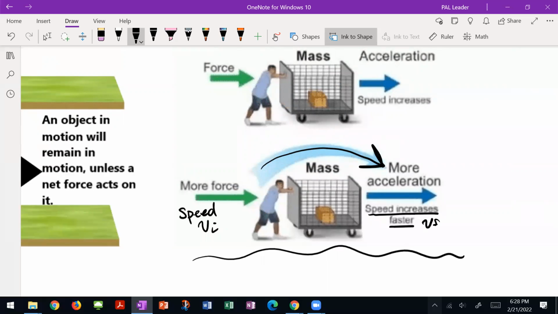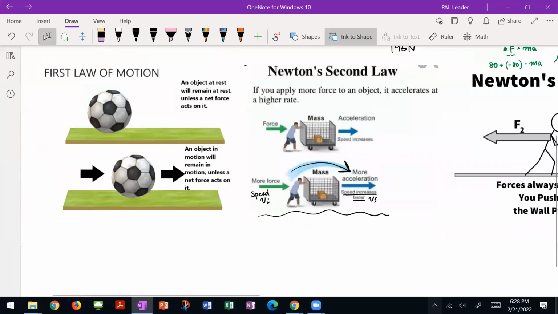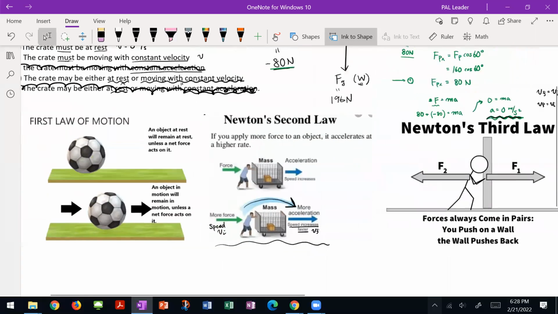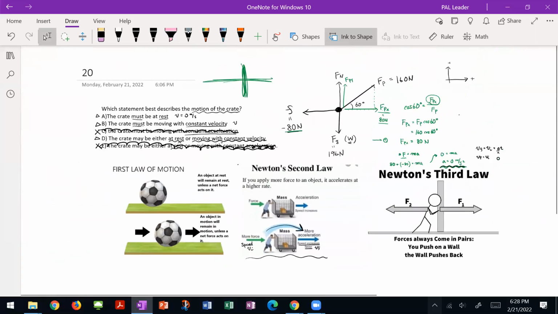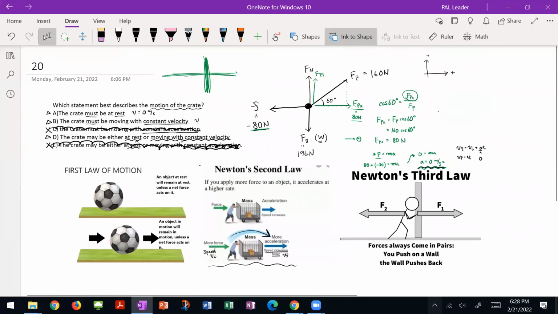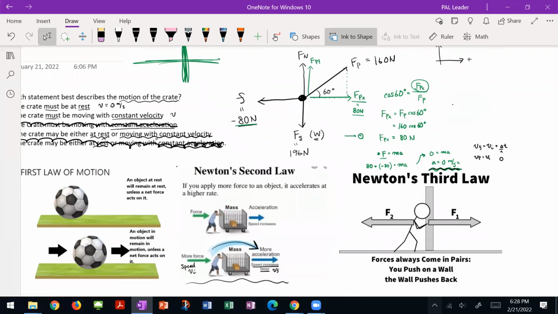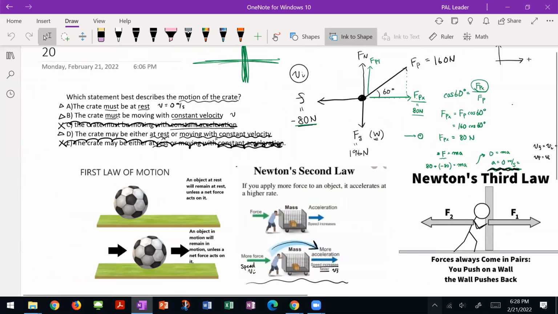This would be like VF. So there might have been a V initial. We don't have an acceleration, but we can't conclude that we didn't have an initial velocity here. We might have had it, we might have not. We're just not given enough information.